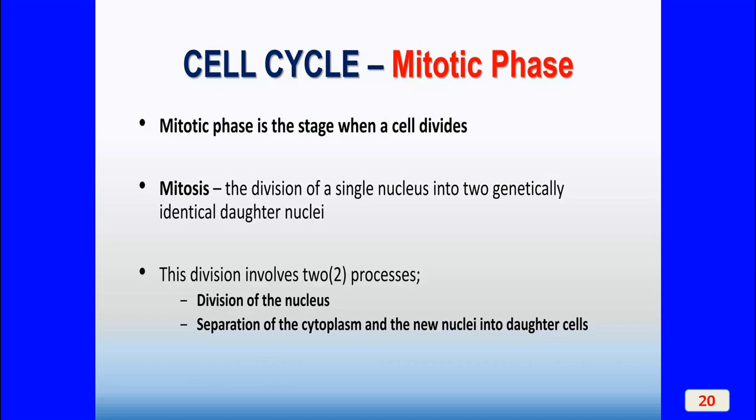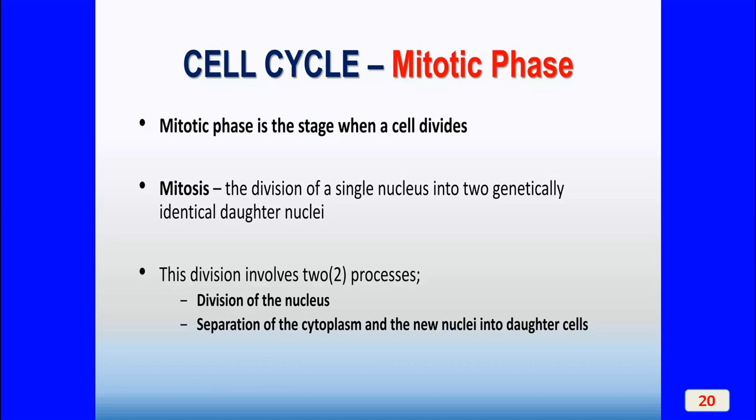In the cell cycle, the mitotic phase is the stage when cells actually divide and separate from one another. Mitosis is the division of the single nucleus into genetically identical daughter nuclei.